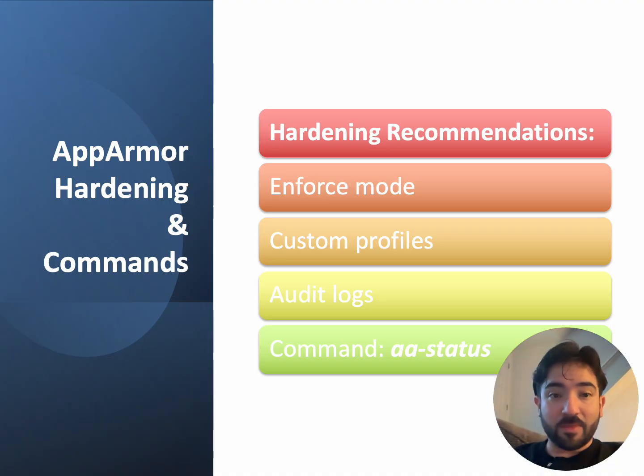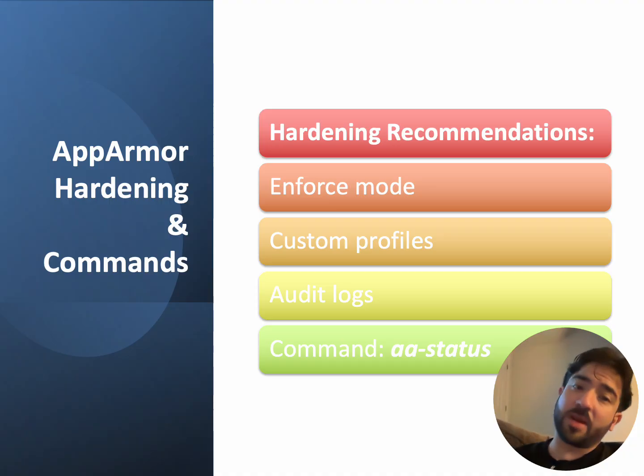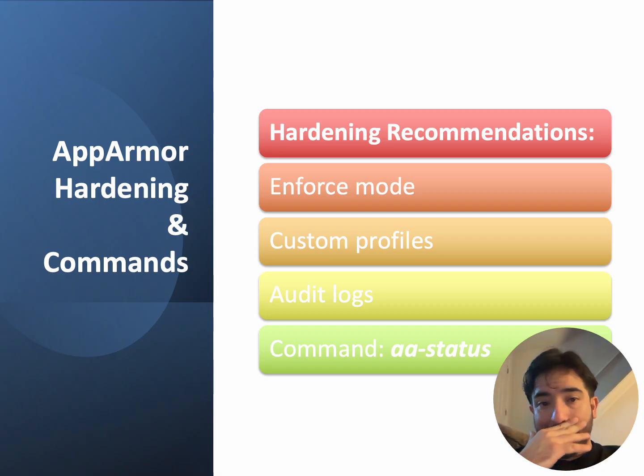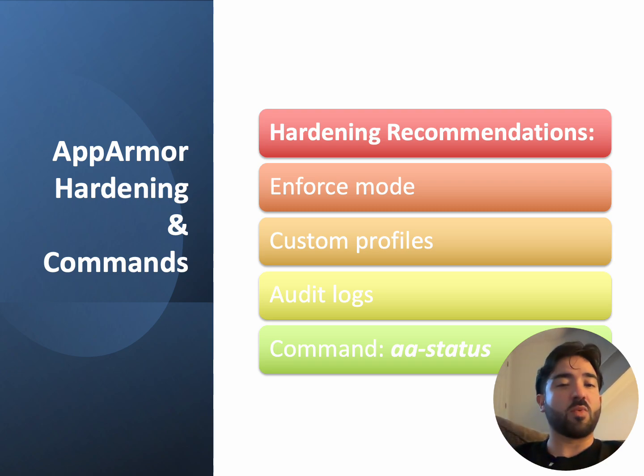Second, custom profiles protect specific services like Apache. Third, the AppArmor logs can be reviewed for security issues. And the command we use to check AppArmor is aa-status, which shows the number of profiles loaded and enforced.